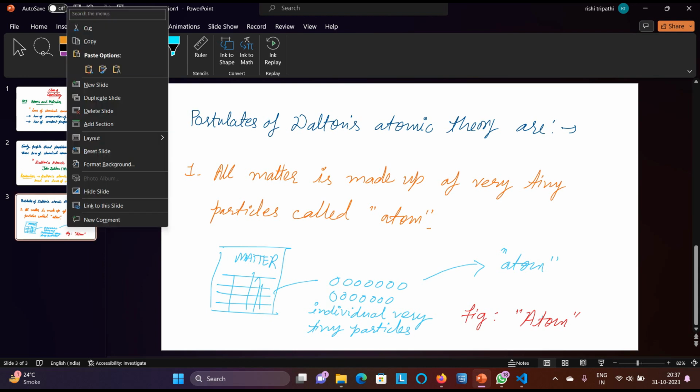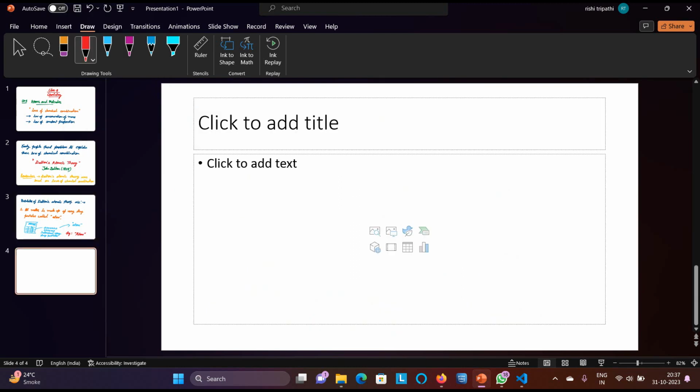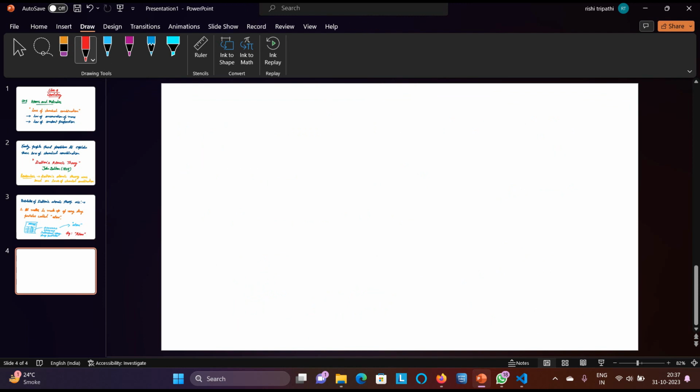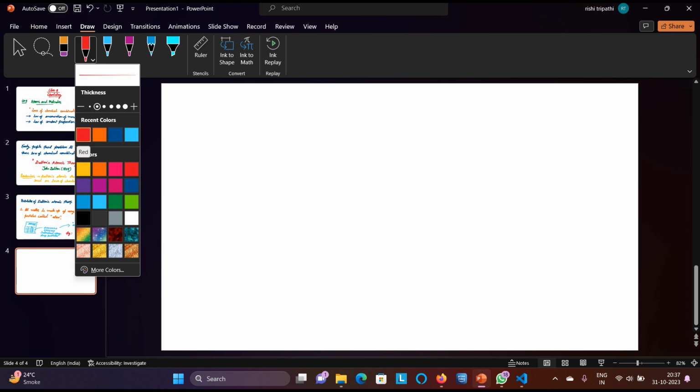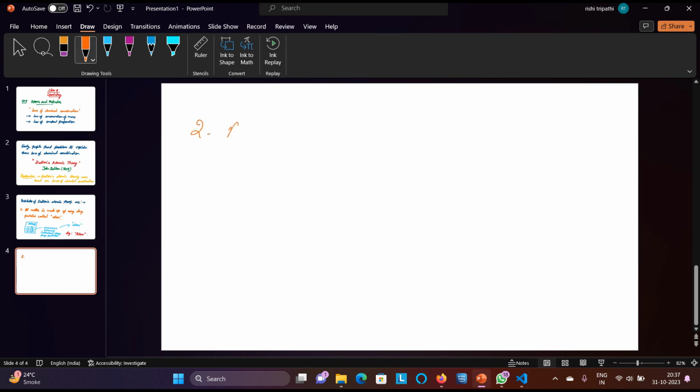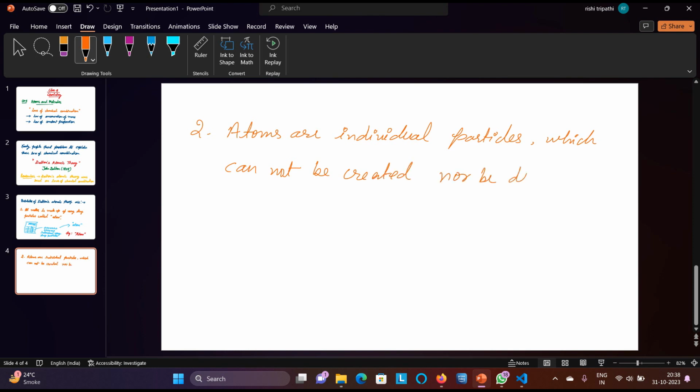Now we'll move to the second postulate of Dalton's atomic theory: atoms are individual particles which cannot be created nor be destroyed in a chemical reaction.